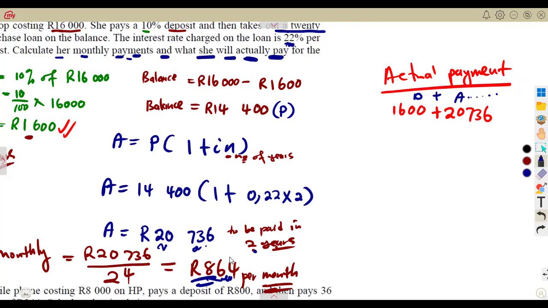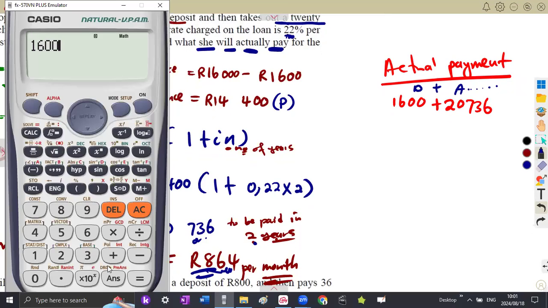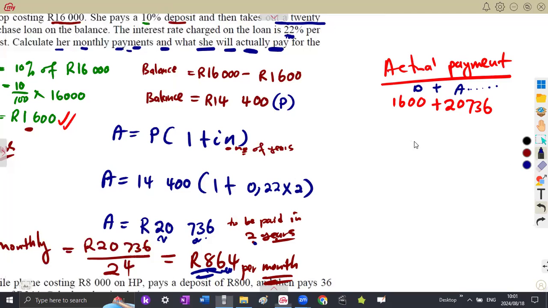So it was just going to be 1,600 plus 20,736. So this was going to be 22,336 rand as the total. So that is what she was going to pay at the end.